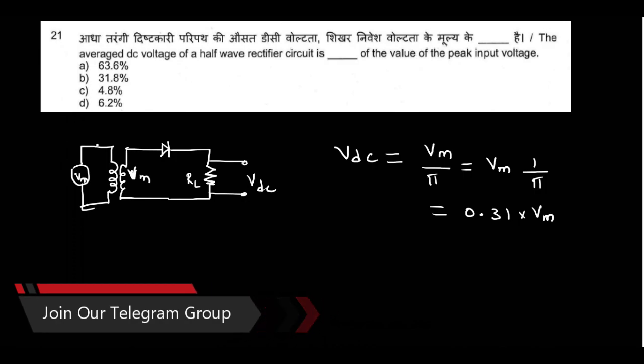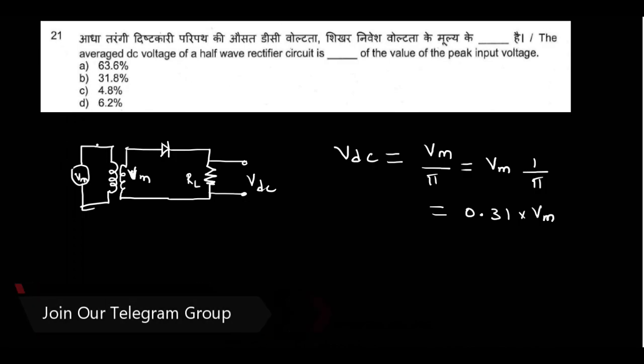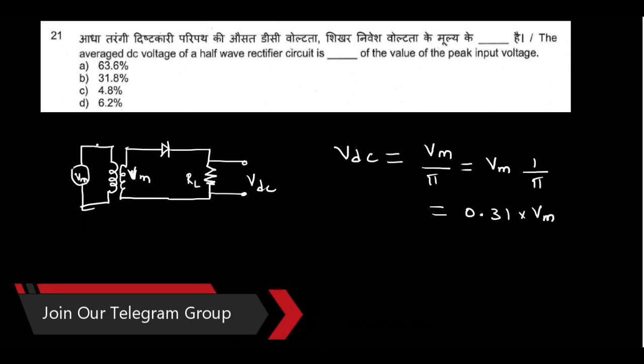So here, the answer is in percentage. If you say, it is 31.8% of the peak input voltage. That is 31.8.